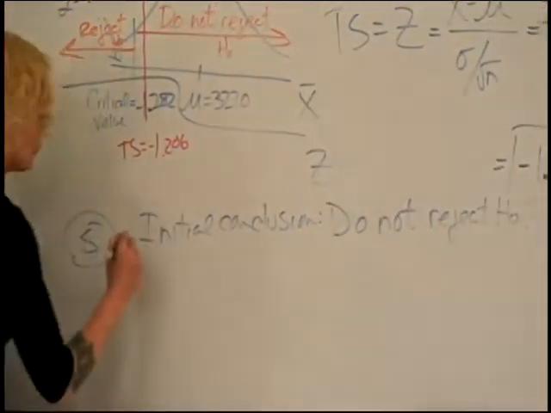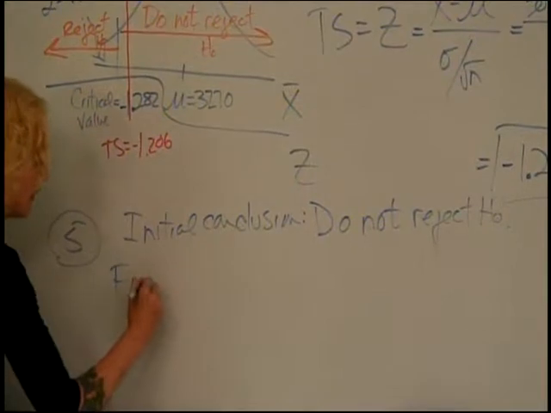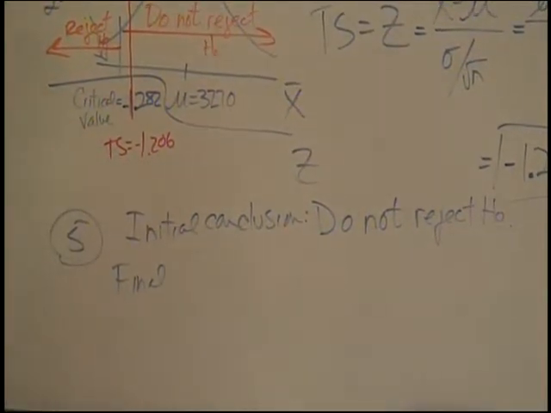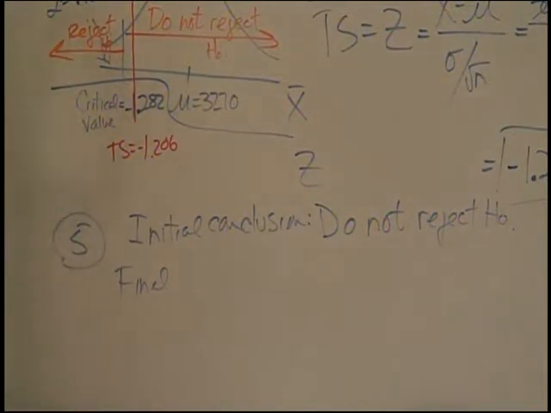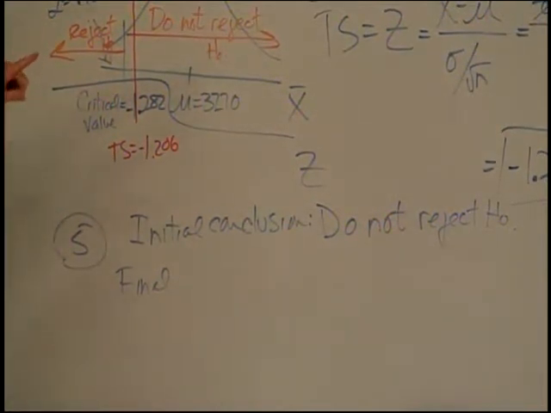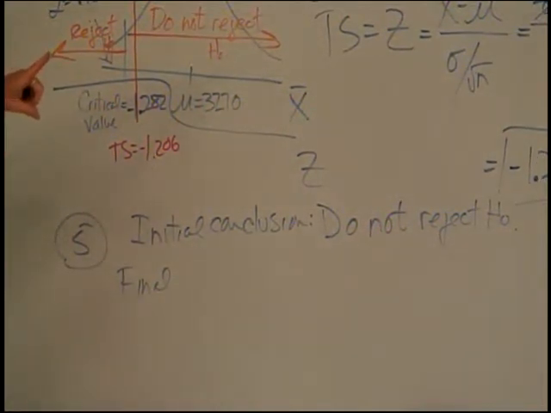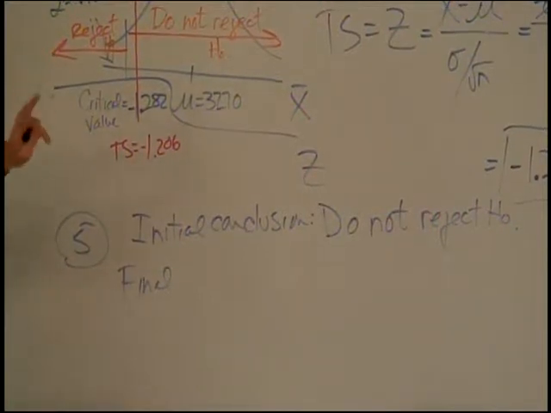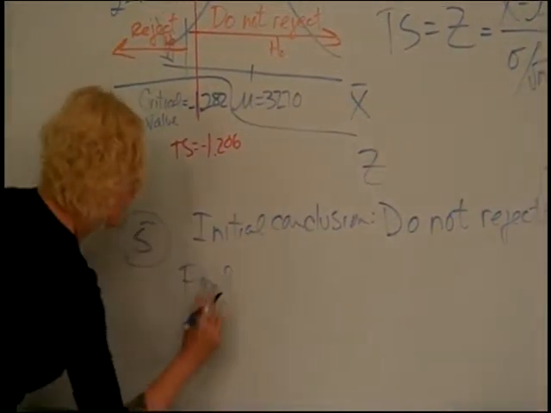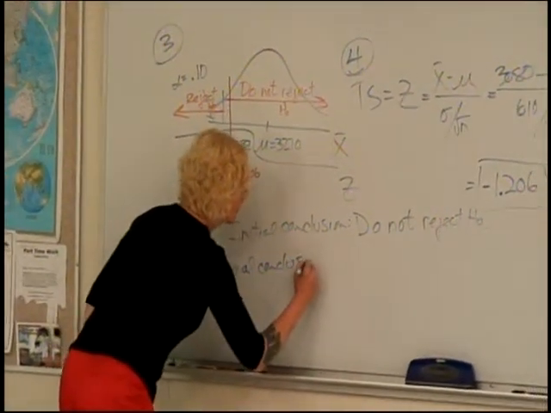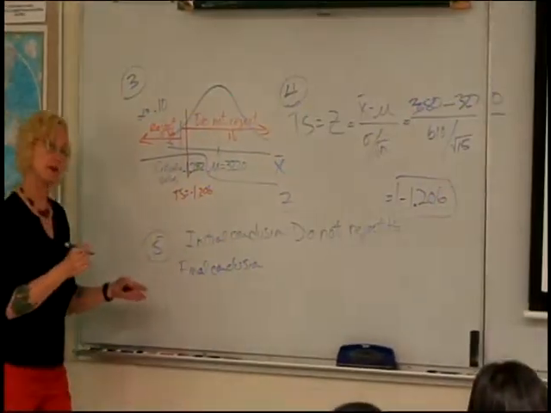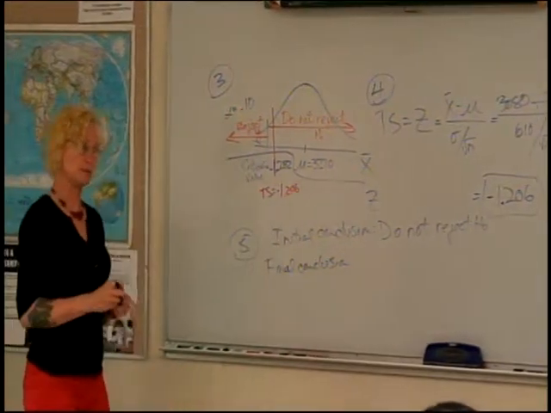And then I'm going to ask you for a final conclusion. And in the final conclusion, I want you to write me something that makes sense with respect to what you just found and the problem. You with me? Maybe not yet, but you will be. So you might want to think about these things as you're doing homework problems, okay?